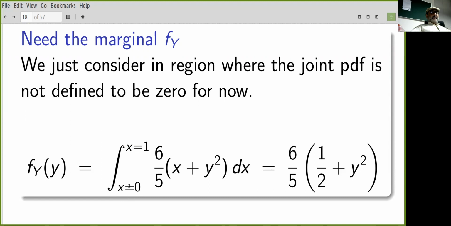You integrate from 0 to 1 the joint PDF, which in the unit square has the form 6/5 (x plus y squared) dx. Remember you're keeping y fixed. When you calculate the antiderivative and evaluate at 0 and at 1, you'll get 6/5 times (1/2 plus y squared).